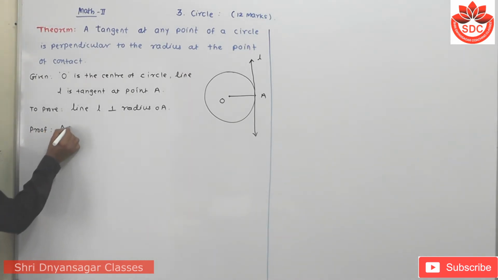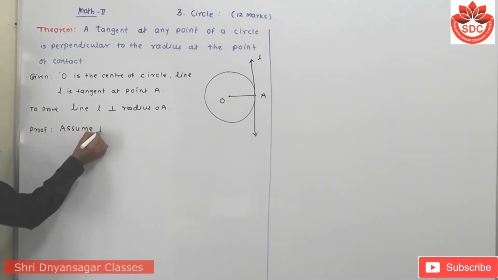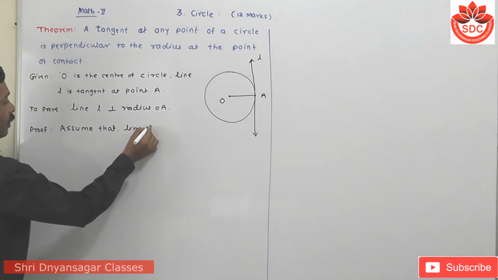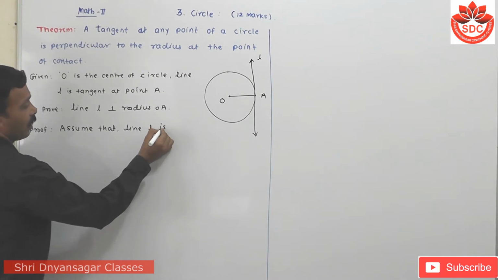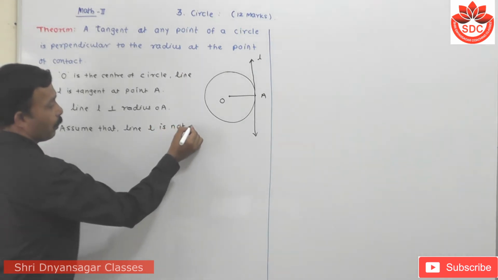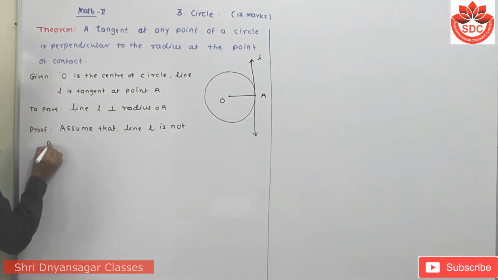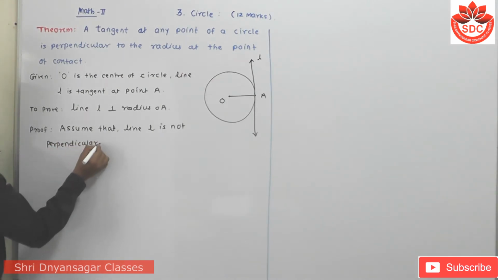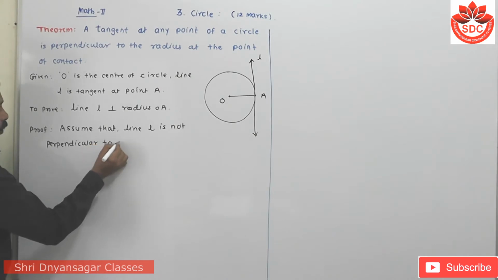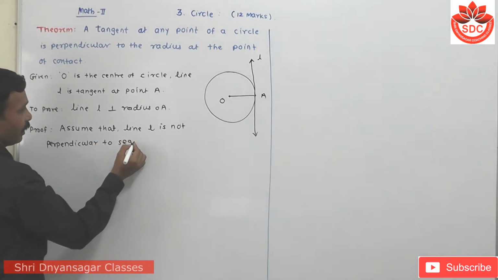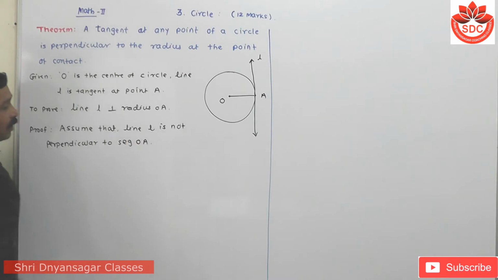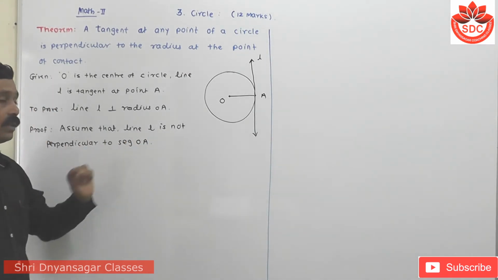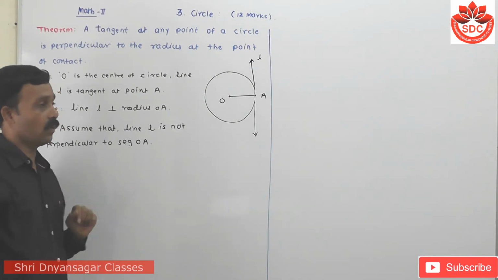Assume that the line L is not perpendicular to segment or radius OA. Assume that this line L is not perpendicular to the segment or radius OA.